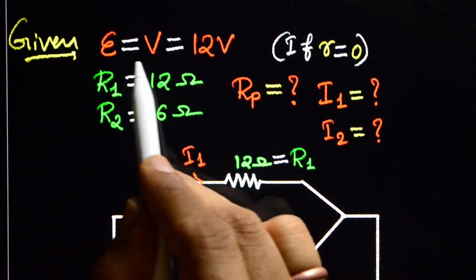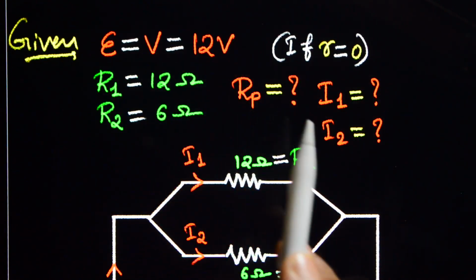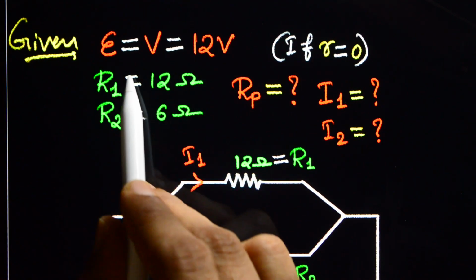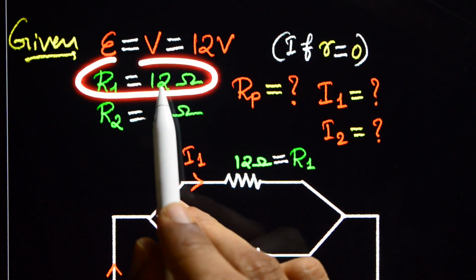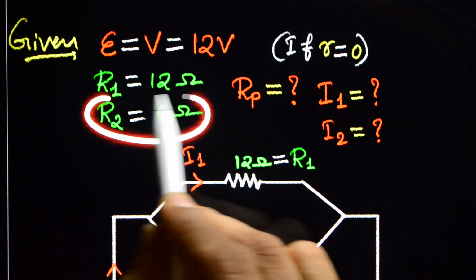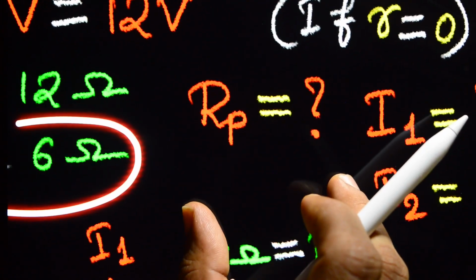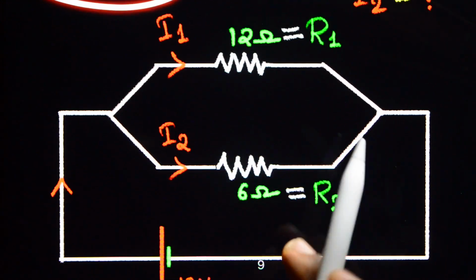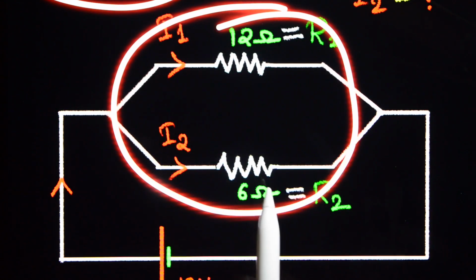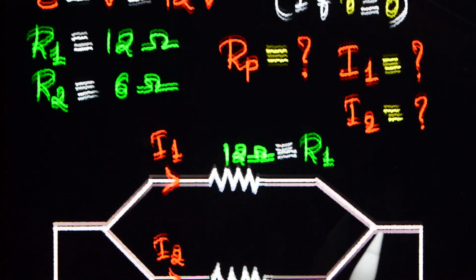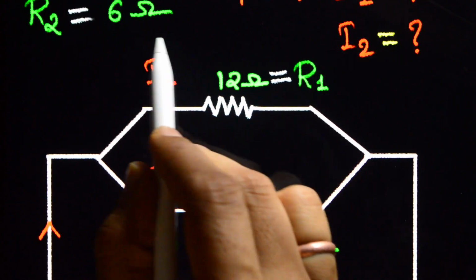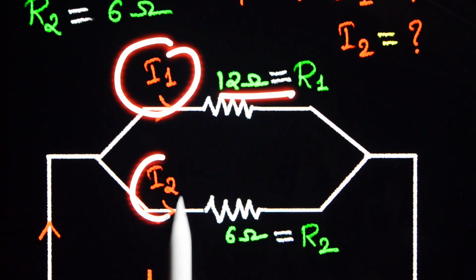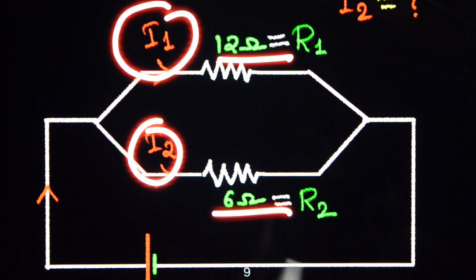Therefore we are taking E or V is equal to 12 volt. R1 is 12 ohm, R2 is 6 ohm. You need to find the effective resistance of this combination. Here two resistors are connected in parallel, and also we need to find the current through the 12 ohm and the current through the 6 ohm resistor.